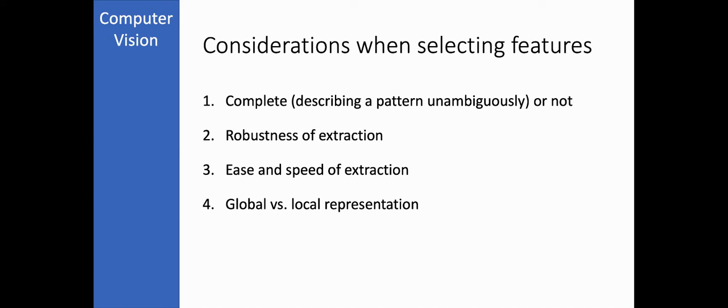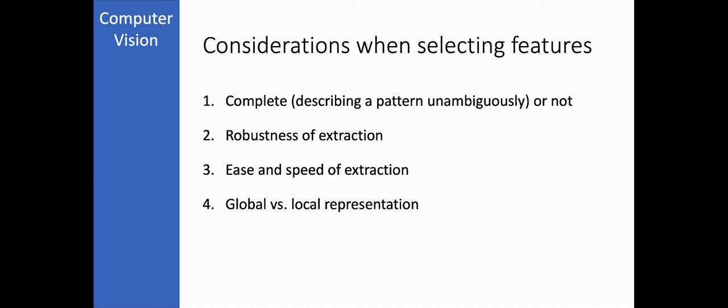The considerations we have when selecting features are fourfold. First, we want to choose features that are either complete or not. Complete meaning a feature that describes the pattern unambiguously. So really, there is just a unique feature for a single pattern.